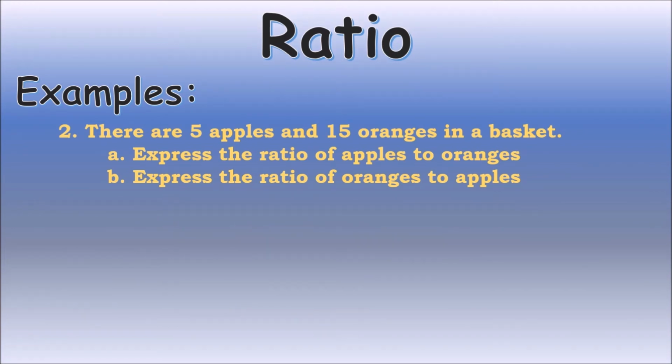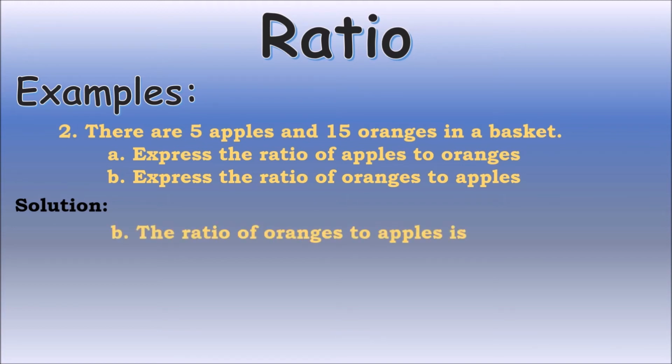Okay, next. Letter B. The ratio of oranges to apples. What's the difference between A and B? If you will notice, it is just the order of quantities we are comparing. So we must be particular with the order of the quantities when we are dealing with ratio. The ratio of oranges to apples is 15 oranges is to 5 apples, or 15 over 5.